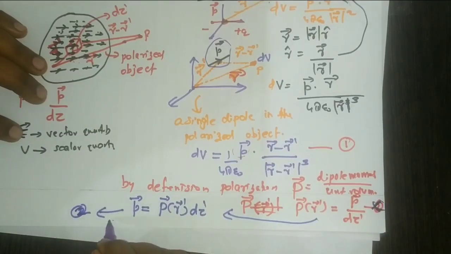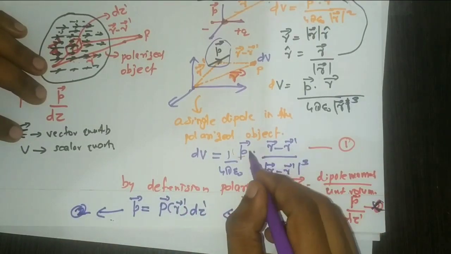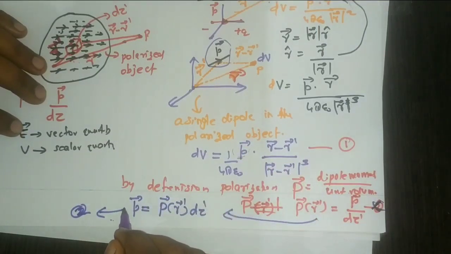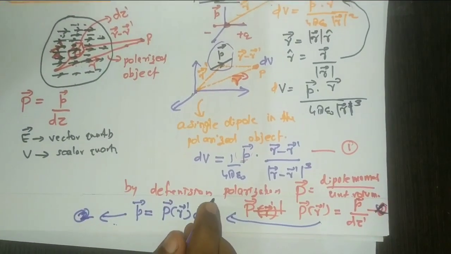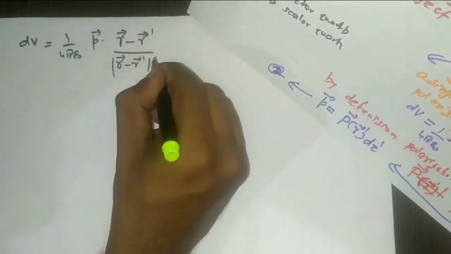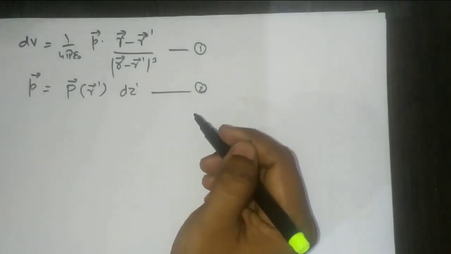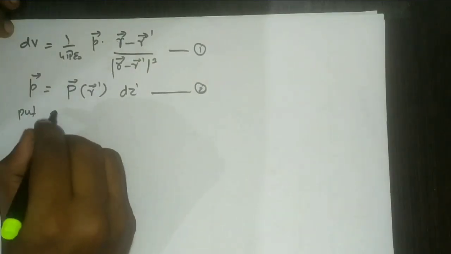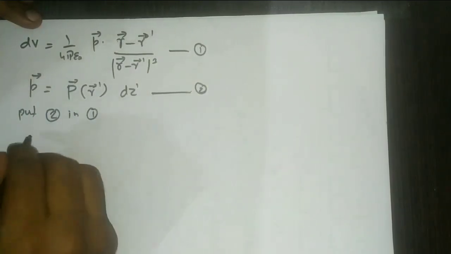Next, I will put this equation 2 in equation 1. That means I will replace this p by this equation. For convenience, I rewrite those two equations here. Now put equation 2 in 1.